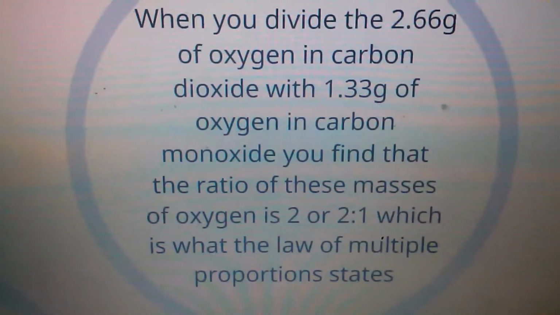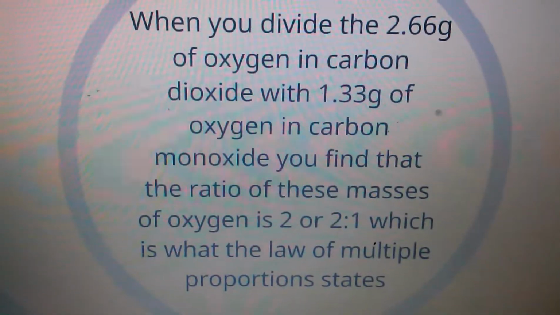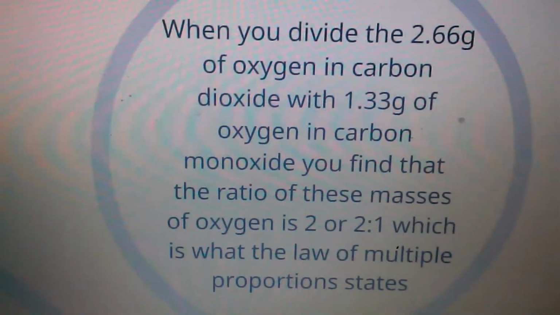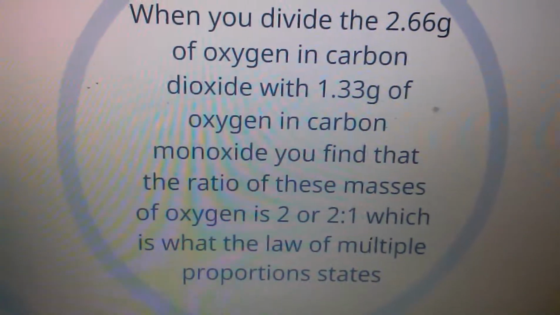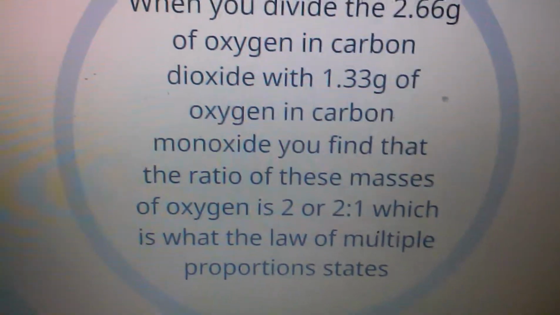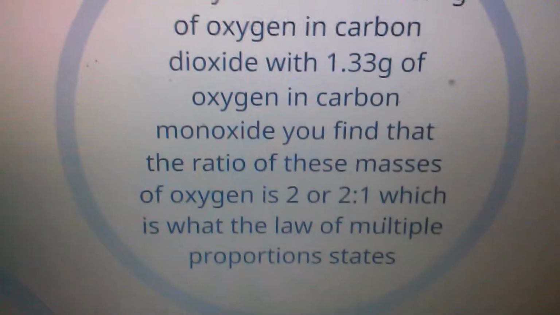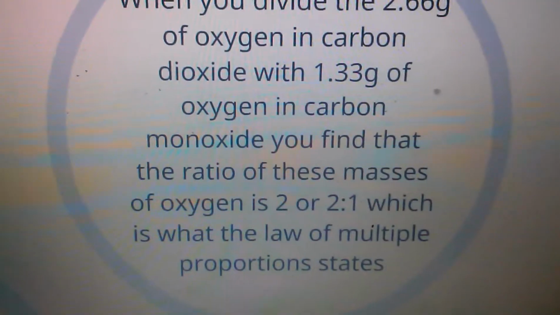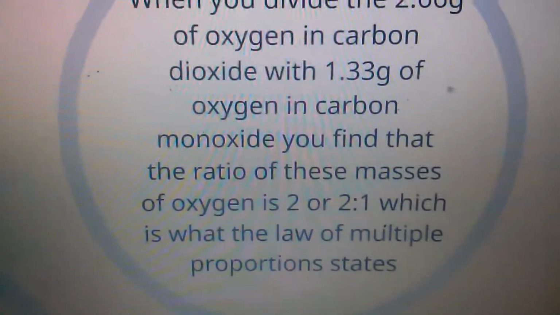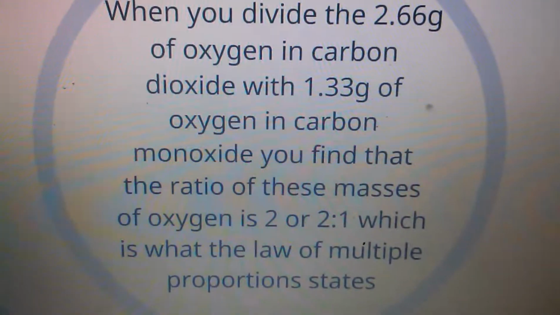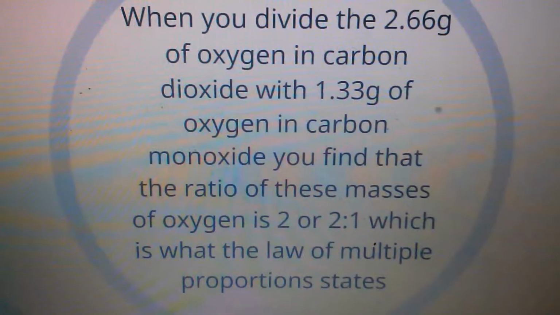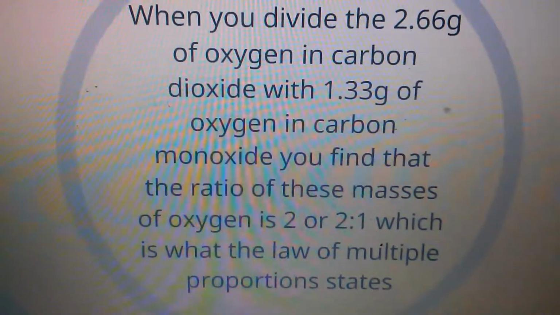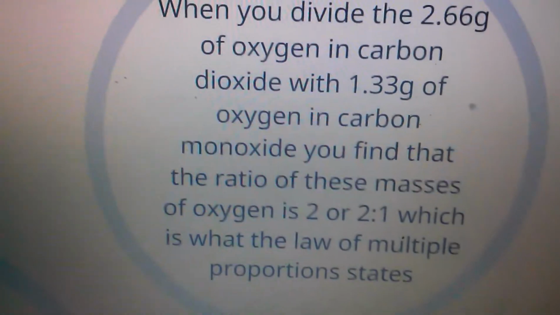When you take the 2.66 grams of oxygen needed to make carbon dioxide and divide it by the 1.33 grams of oxygen in carbon monoxide, you get a number right around 2. And that's a small whole number ratio, and with the 1 gram of carbon you had to make these 2 compounds, you get a small ratio of 2 to 1, which is basically what the law of multiple proportions states.